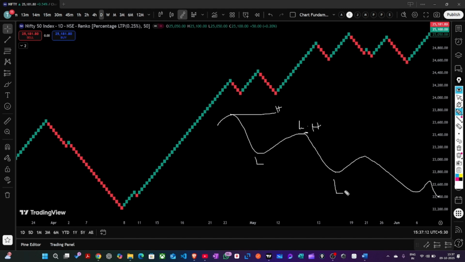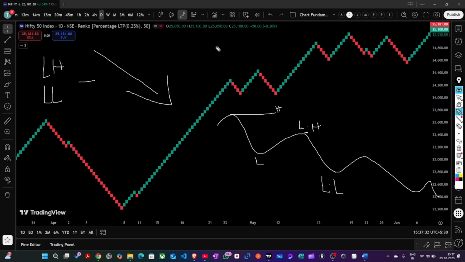This new low in comparison to the previous low is lower, so this becomes my lower low. So if a market makes lower high, lower low formation continuously, that means the market is in a downtrend.